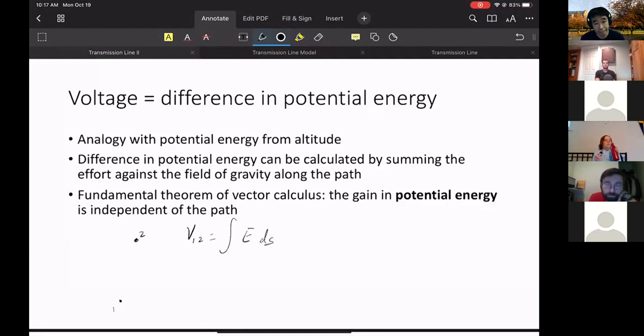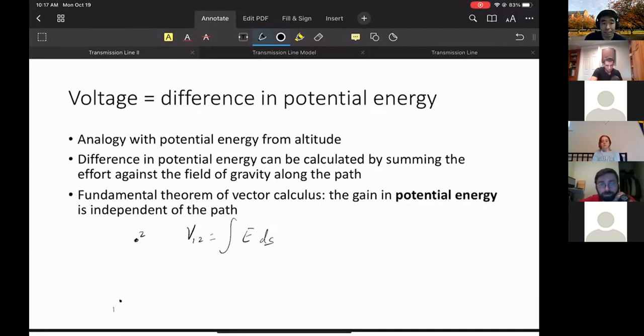That's how you find the voltage difference. Going from one point in space to another, it's the difference in potential energy, and that is the integration between these 2 points.